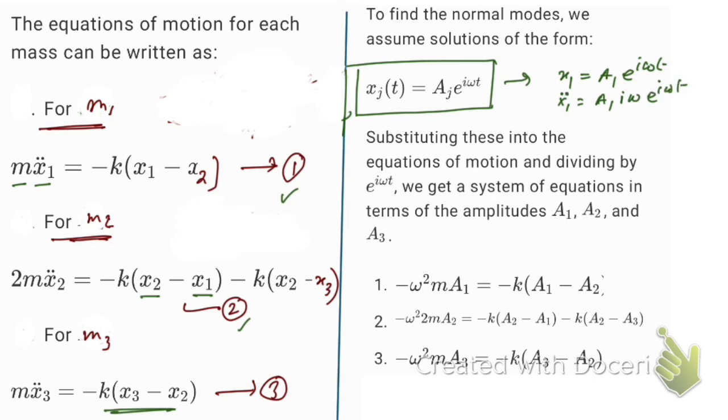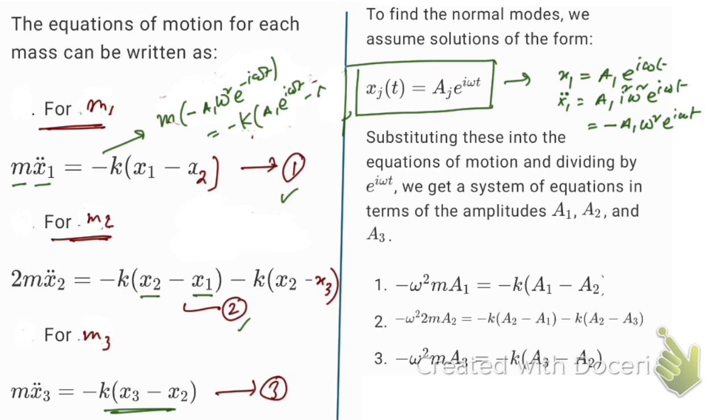If you differentiate it again, it is i squared omega squared a1 e to the power i omega t, and i squared gives minus 1. Then equation number 1 becomes m times minus a1 omega squared e to the power i omega t equal to minus k, and instead of x1 we put a1 e to the power i omega t, minus instead of x2 we put a2 e to the power i omega t.